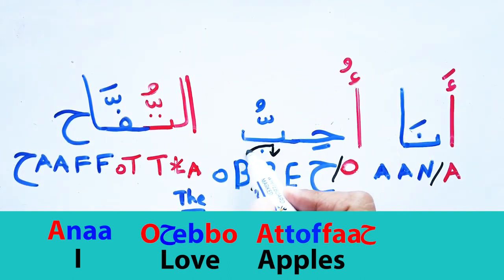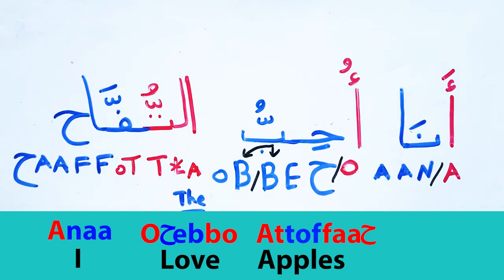This ba, it is pronounced 2 times, as you see here, and each one went to a different syllable. Okay, حبوا. So this ba, part of it go to this syllable, and part of it is in another syllable. The following one: أنا أحب التوف.